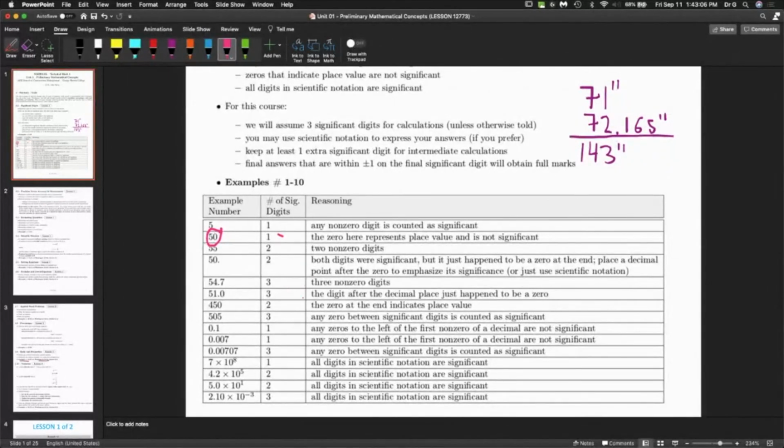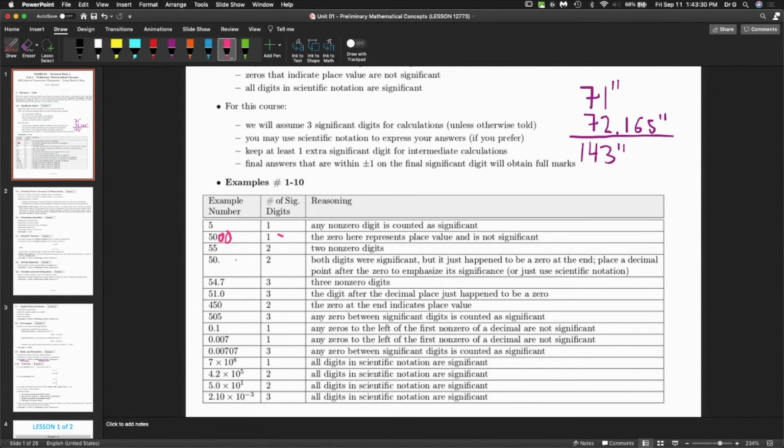The reason it has one significant digit is because the 0 at the end is only there because it's a big number. I mean big number relative to 1. Like, for example, if I said to you, how old is this fossil? Let's say you're an archaeologist, and you're like, oh, that fossil's 5,000 years old. Is it exactly 5,000 years old?